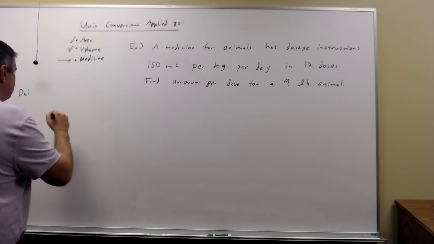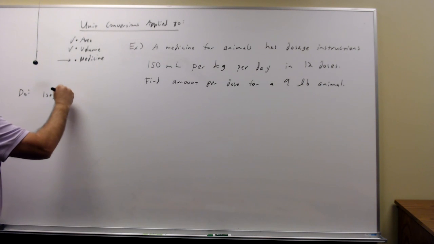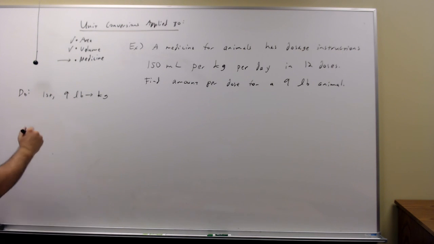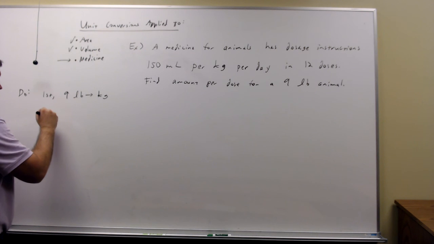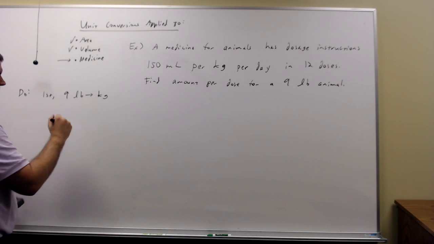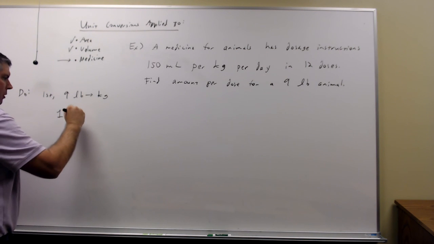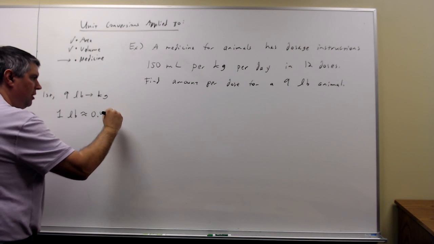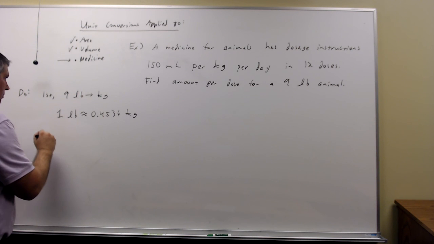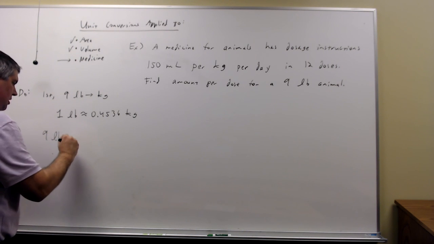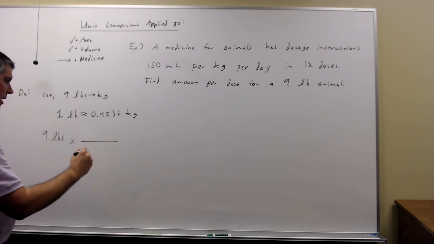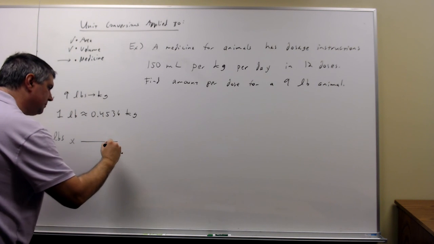So the first problem is it's based on kilograms and the animal's measurement is in pounds. Well, I propose the first thing we should do is convert the 9 pounds to kilograms. So 9 pounds. I choose to use 1 pound is approximately 0.4536 kilograms. So 9 pounds, I want to cancel my pound.